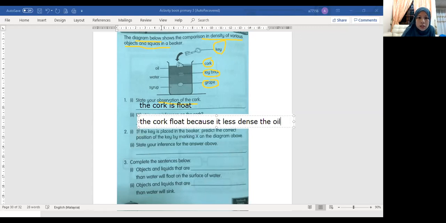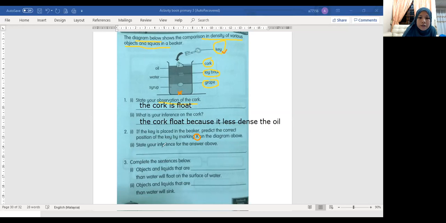Now let's look at question number 2. If the key is placed in the beaker, predict the correct position of the key by marking X on the diagram above. So when the teacher puts the key inside the beaker, where does the key go? The key will sink in the beaker. So the teacher will put X here.